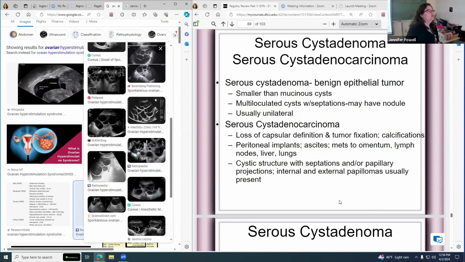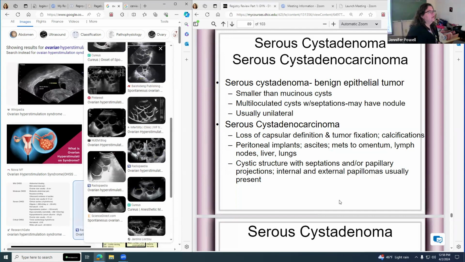So serous cystadenoma is a benign epithelial tumor, smaller than mucinous cysts, multiloculated with septations, may have nodules, usually unilateral.